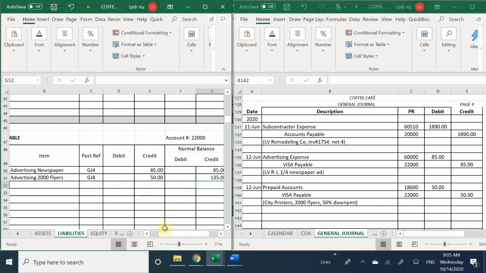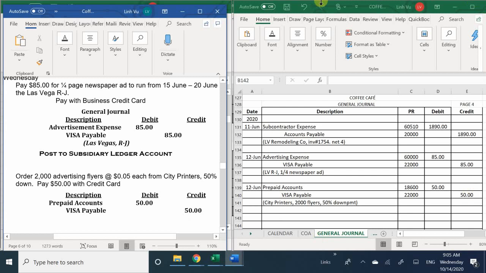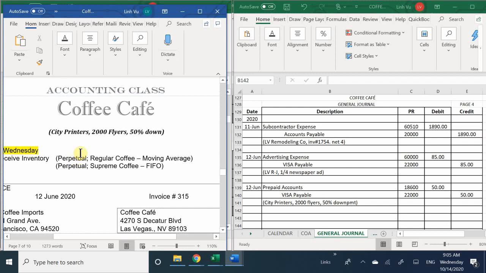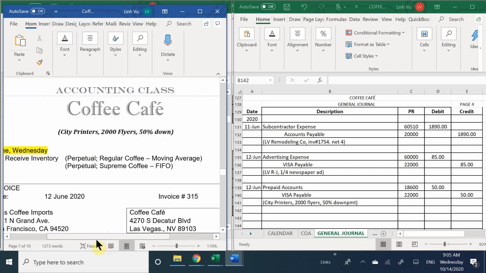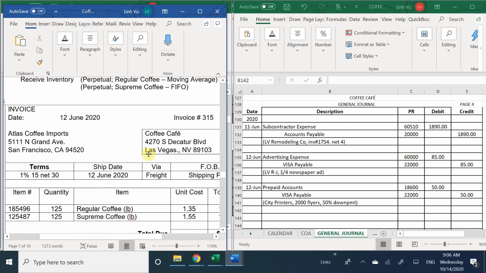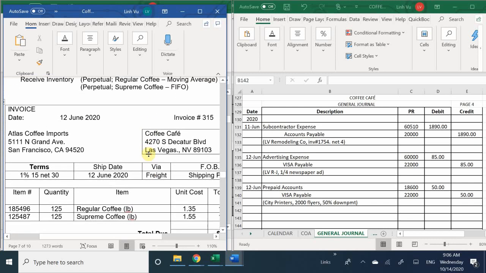Okay. Let's see what has happened next. So now we reach here. We received something in our box. What did we actually receive? We received an invoice from Atlas Coffee.